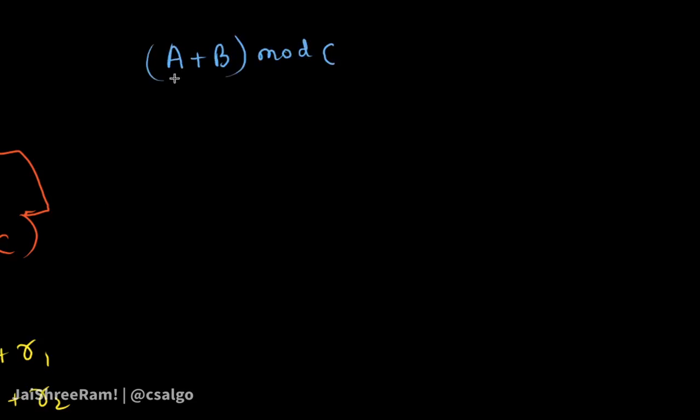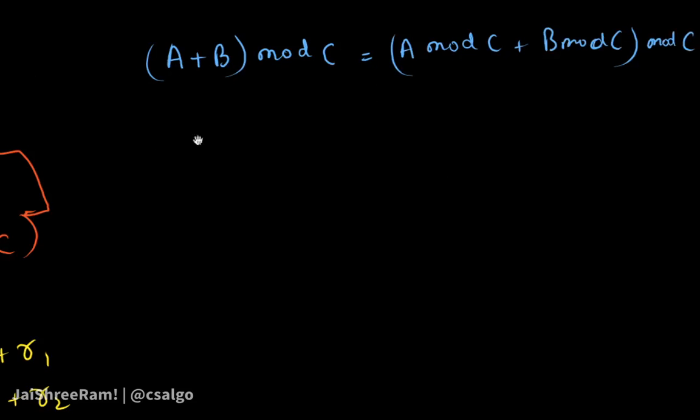This is nothing but finding A plus B and then taking the remainder with C. This is the remainder when you divide A plus B by C. Now this can be written as A modulo C plus B modulo C, whole modulo C.